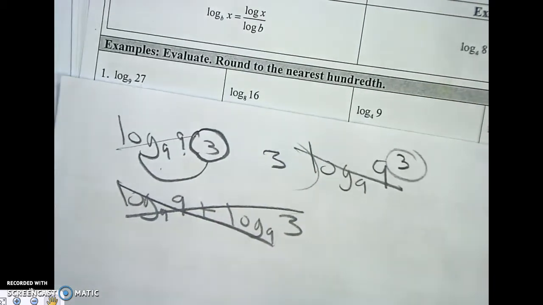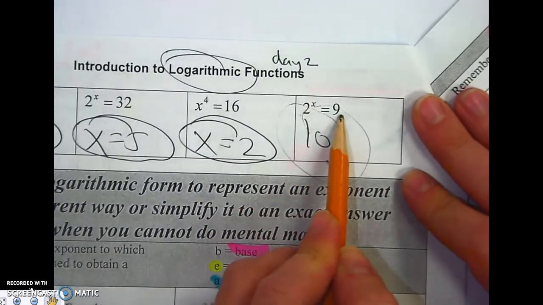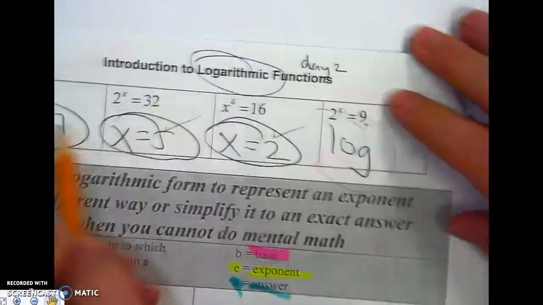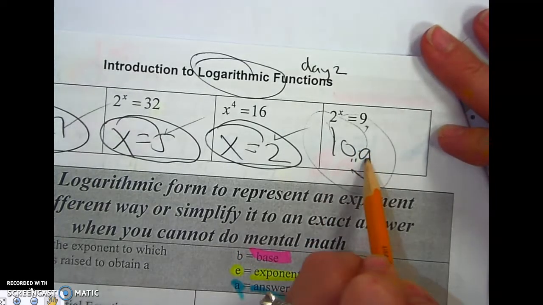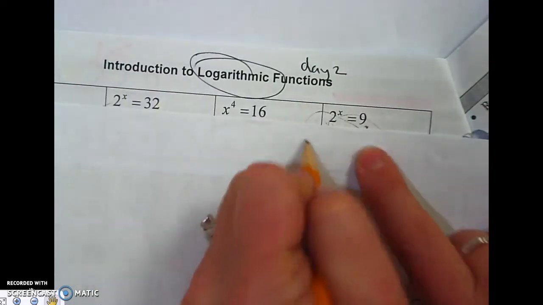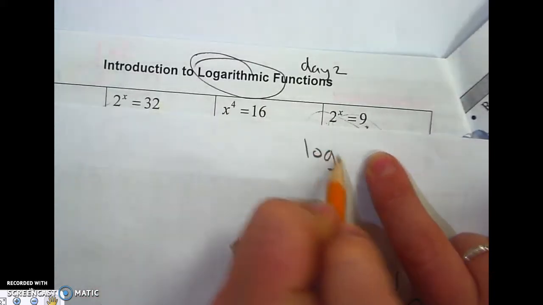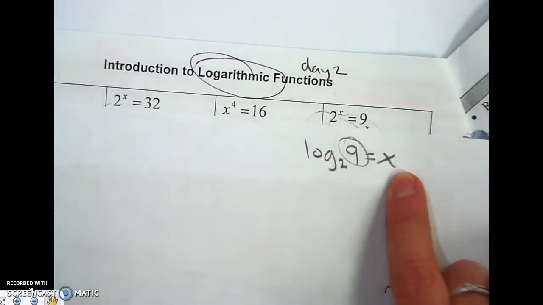So the problem is now none of the rules work. It reminds me of what happened in that first lesson when I said 2 to the x equals 9. All these other ones you could figure out, no problem. But if you can't figure out the answer, like if I was going to change this to log form, log base 2 of 9 equals x, I can't change that 9.